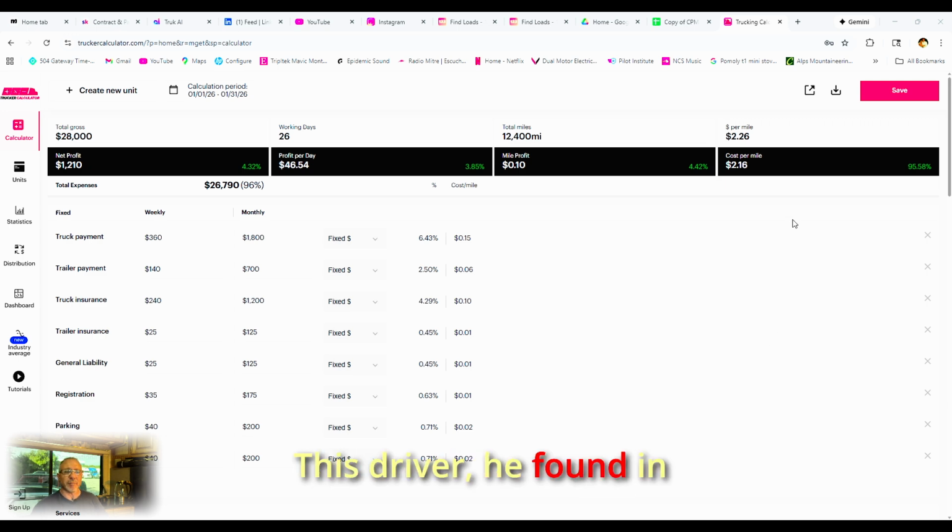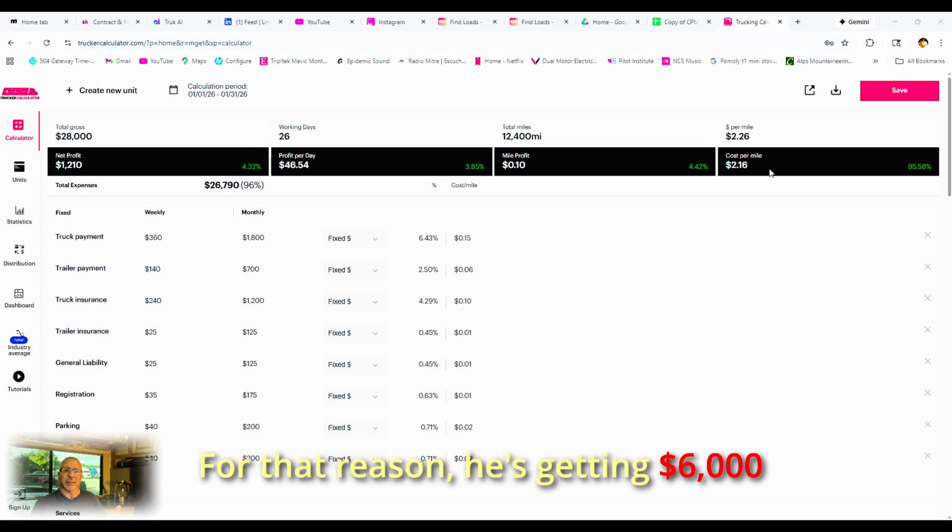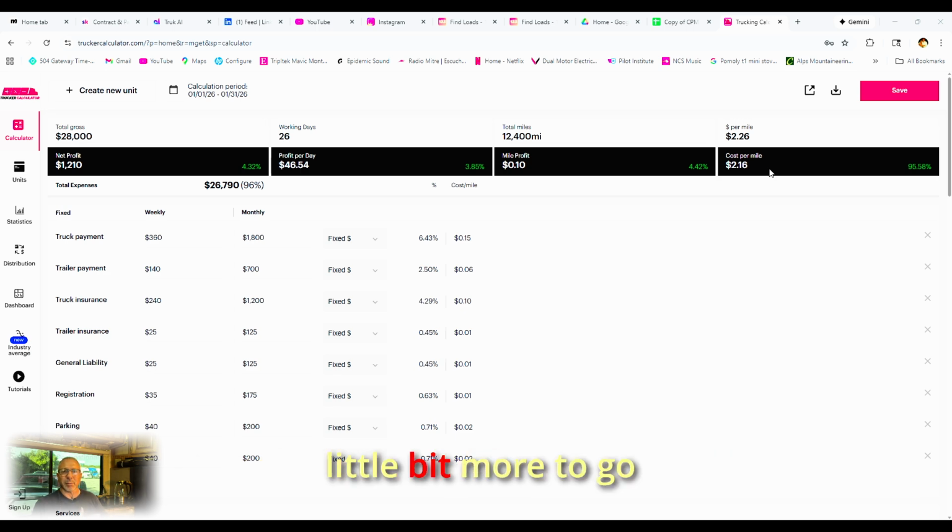This driver, in order to cover all his expenses, including his 6,000 to take home, gets loads at $2.26 per mile. His CPM is $2.16, so he's over 10 cents over his CPM. So it's for that reason that he's getting 6,000 and a little bit more to go home, okay?